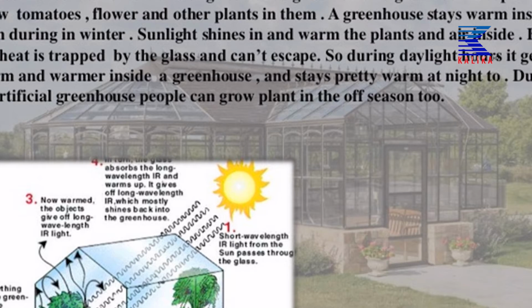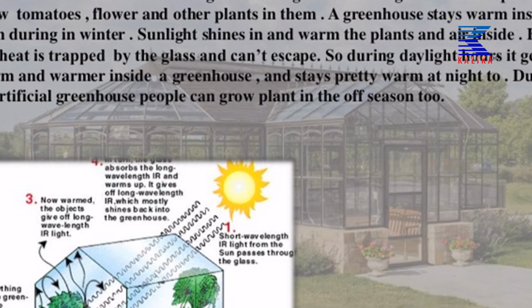A greenhouse is a house made of glass. It has glass wall and glass roof. People grow tomatoes, flowers, and other plants in them. A greenhouse stays warm inside even during winter. That's why it is called hothouse as well. Sunlight shines in and warms the plants and air inside, but the heat is trapped by the glass and can't escape.